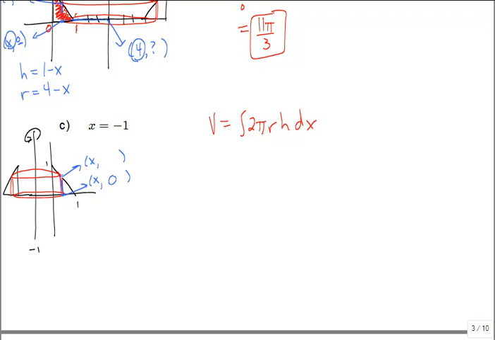The point on the top is on that line, which had as its equation 1 minus x. So the height is 1 minus x on top minus the bottom 0. So the height function is still 1 minus x for all 3 of these problems. The only thing that's changing for these 3 is the radius because my axis of revolution is being moved around.